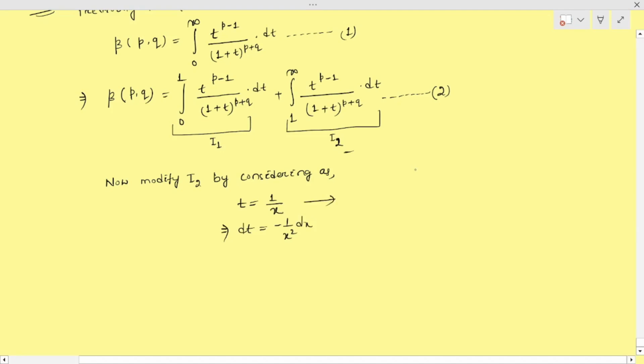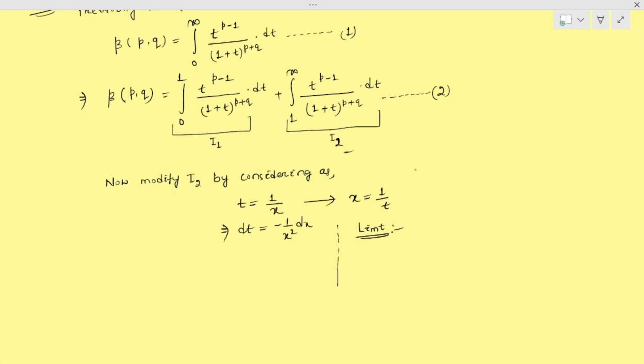If t equal to 1 by x, then x will be 1 by t. Now consider the new limit. Here we consider instead of t, 1 by x, and x equal to 1 by t.